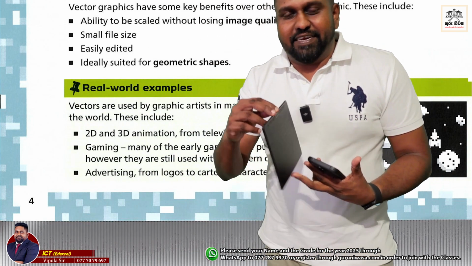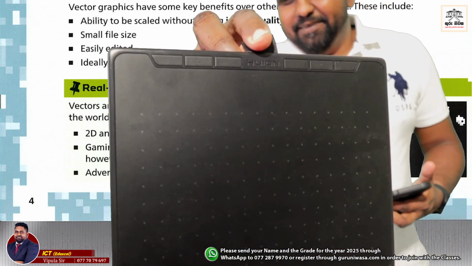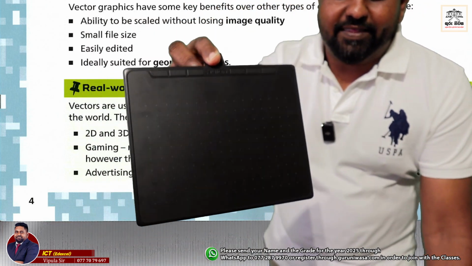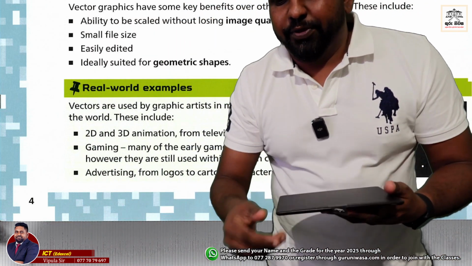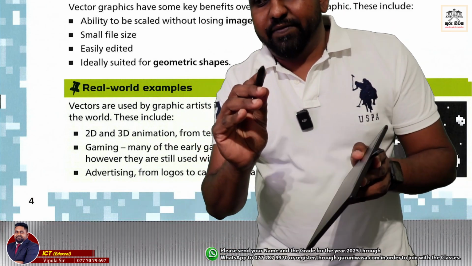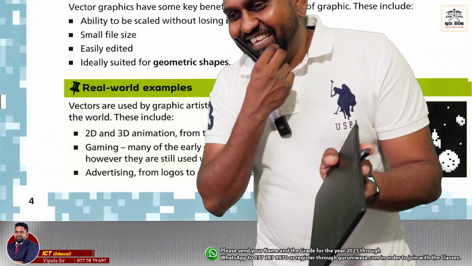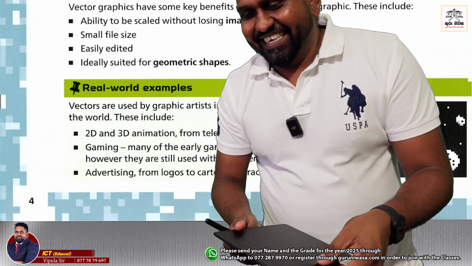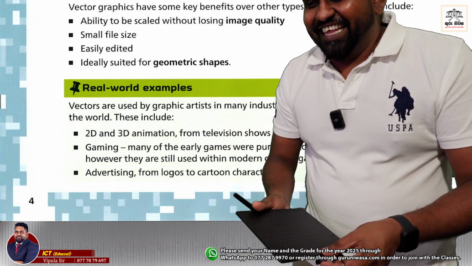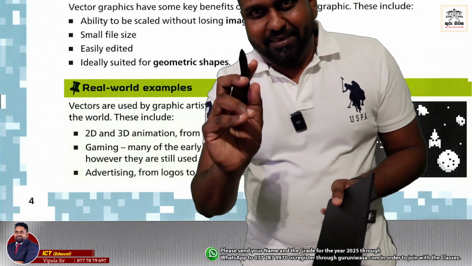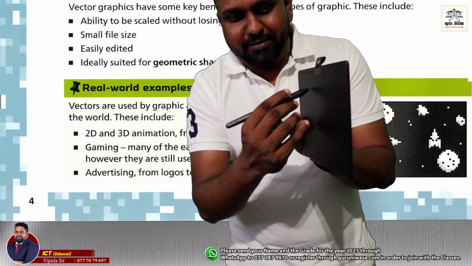I can show you this. This is known as a graphic tablet. It's a small tablet, and you have a pen, and using the pen you can actually draw. You can do the same thing on top of this.